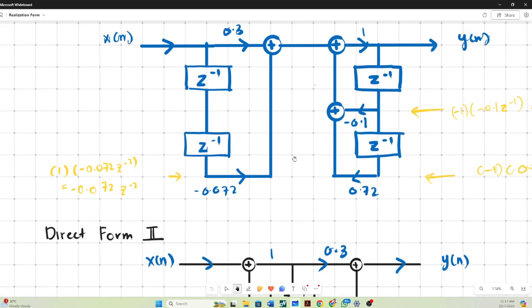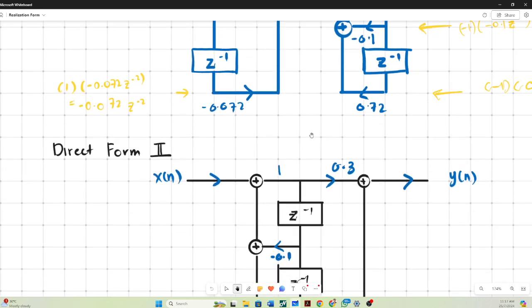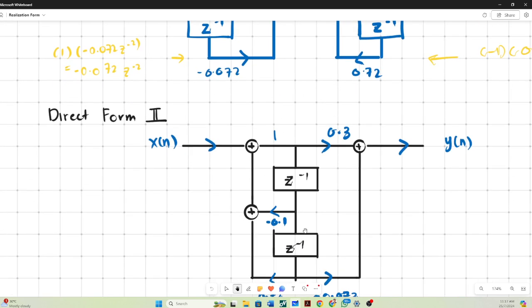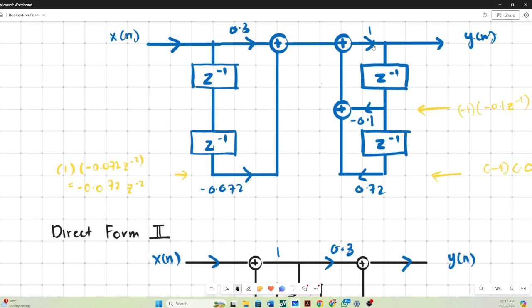In the previous form, the left side represents the input X(z) and the right side represents Y(z). But now for direct form 2, we bring the Y from the right side to the left side, and the X from the left side to the right side. And then we retain the amplitudes here.